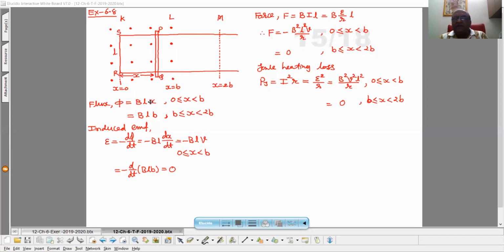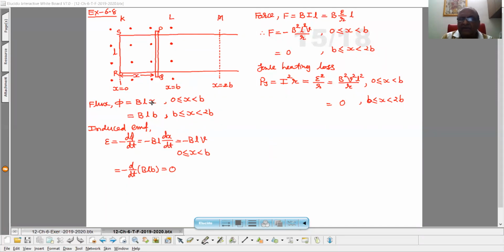Now see, when at any instant the position of the PQ is as shown in the figure, which is at a distance x from RS side, then flux associated with this loop formed, PQRS, okay, that is B into area. So area of the loop, that is length into breadth, okay. So we can write flux phi, that is BLx.